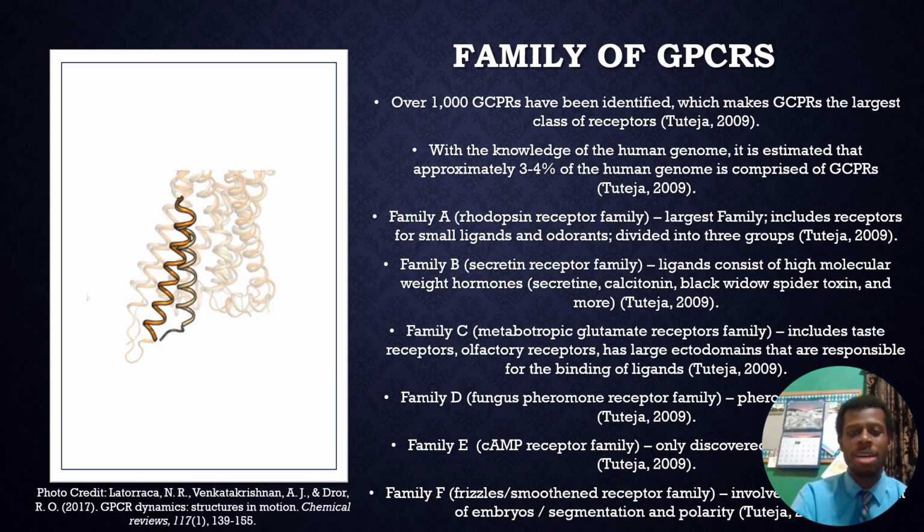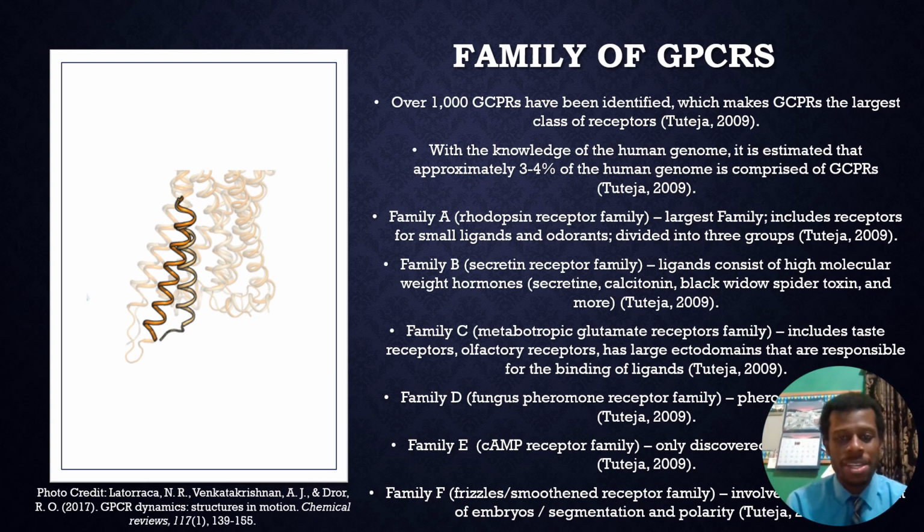As it states on the first point of the slide, over 1,000 GPCRs have been identified, and that's just thus far. There are more being discovered, which is a good thing. This approximately accounts for 3 to 4% of human genes, which is comprised of GPCRs.